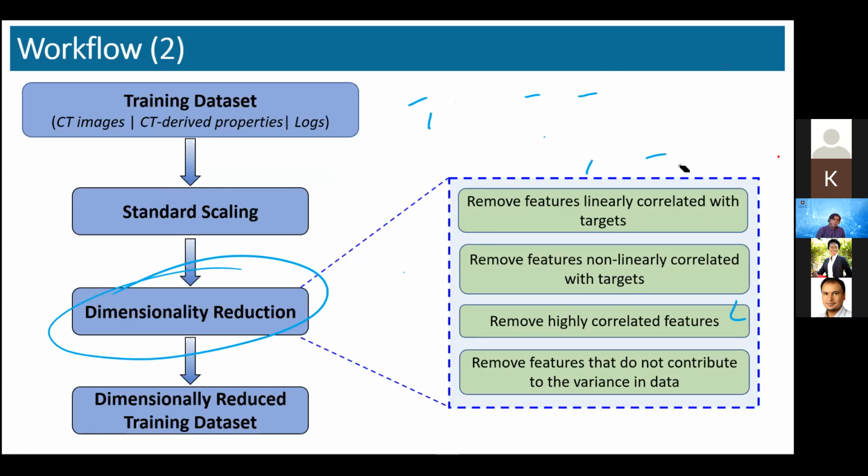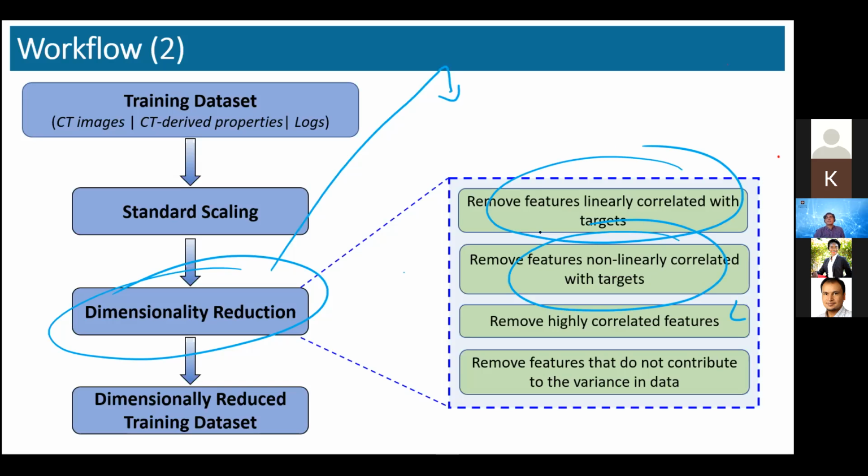So regularization is a method in dimensionality reduction. What I showed you here are methods of performing dimensionality reduction by looking at feature and target. Step 1 and step 2 are ways in which you look at features and target.